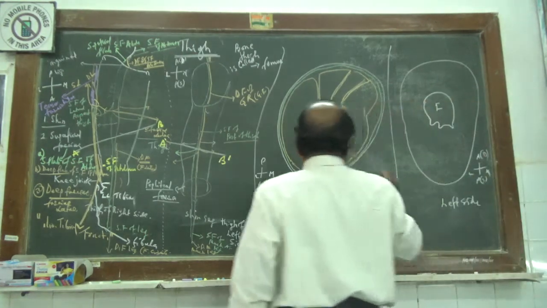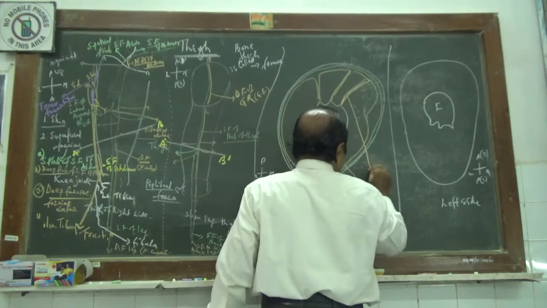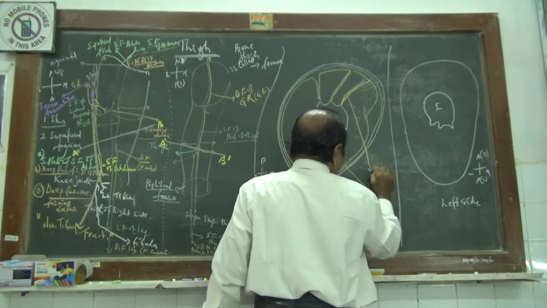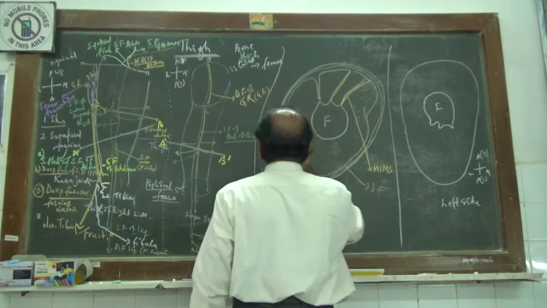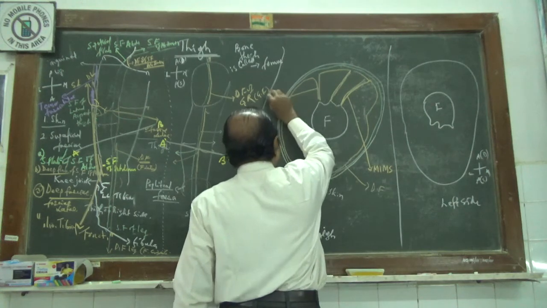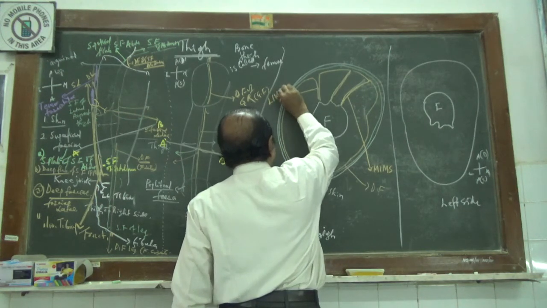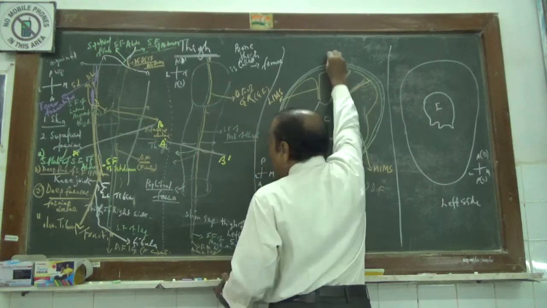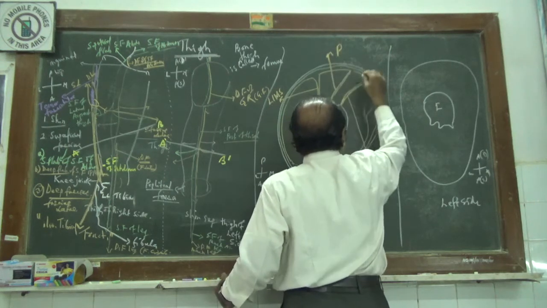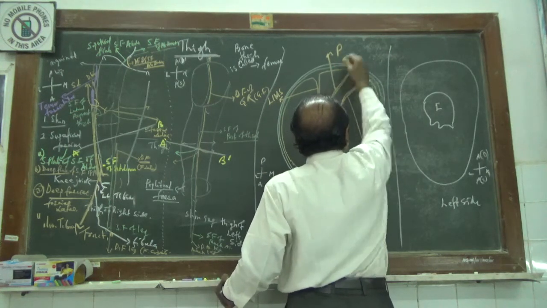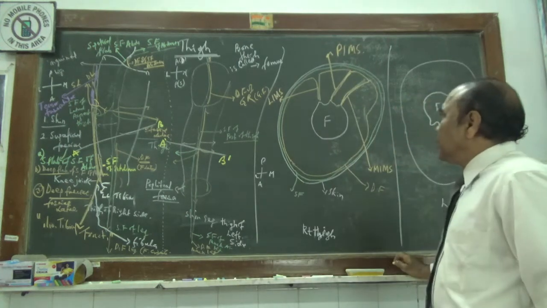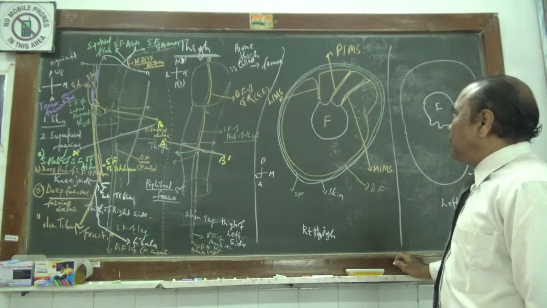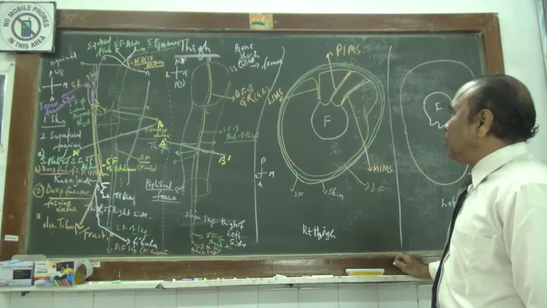Now these things, this is called the medial intermuscular septum. This one is the lateral intermuscular septum, and this will be the posterior intermuscular septum.